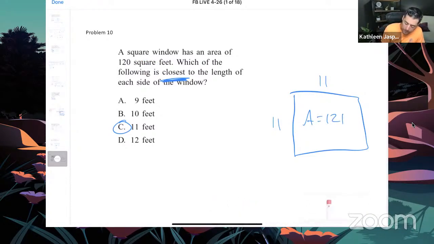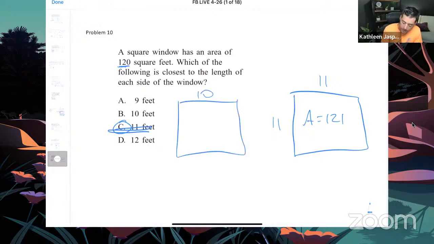What is the area of our window? The window is 120. How can you have more than the value, even if it's just by 1? Okay. So the closest length to this window, given the answer choices, and that's what's key, the answer choices, is not 11, right?